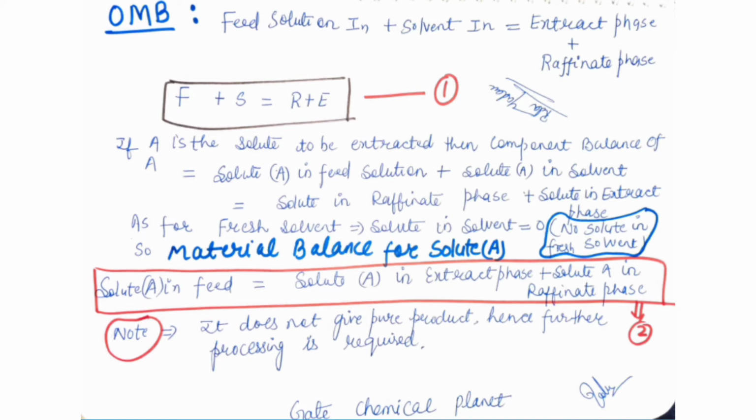We have two outputs, the extract phase plus the raffinate phase. So we can write F plus S equals R plus E, R for raffinate phase and E for extract phase.